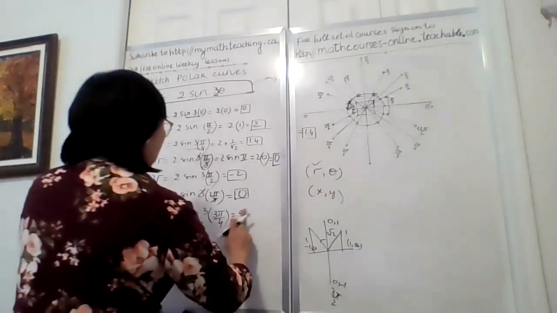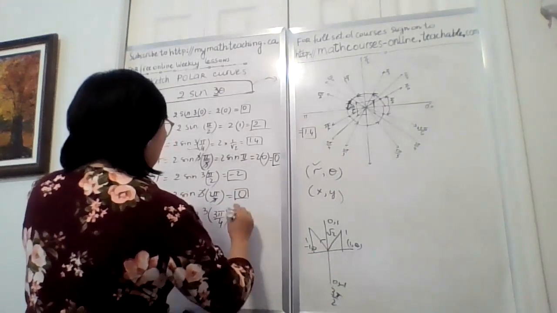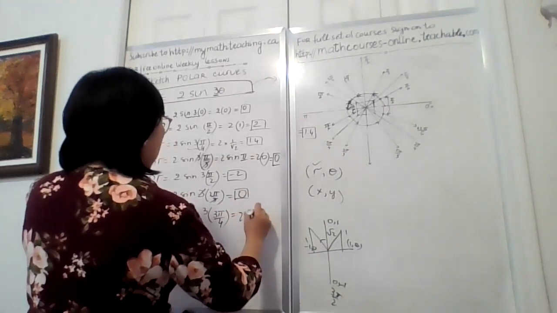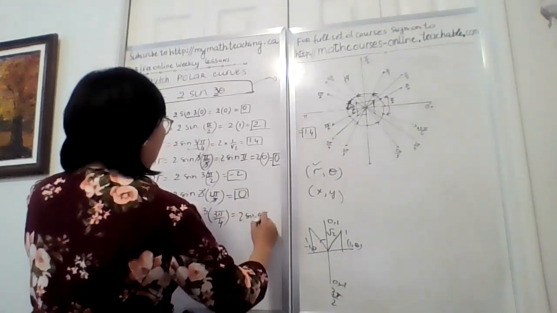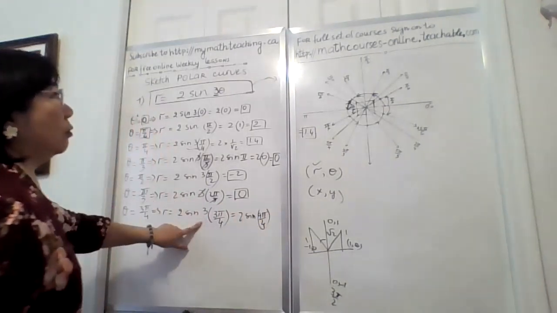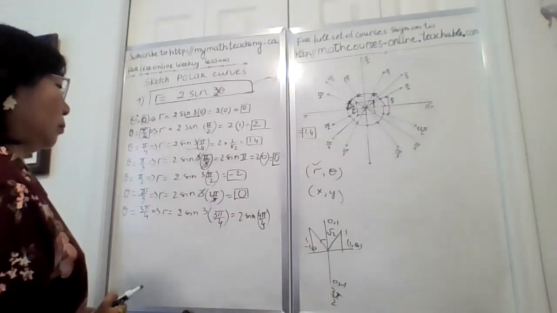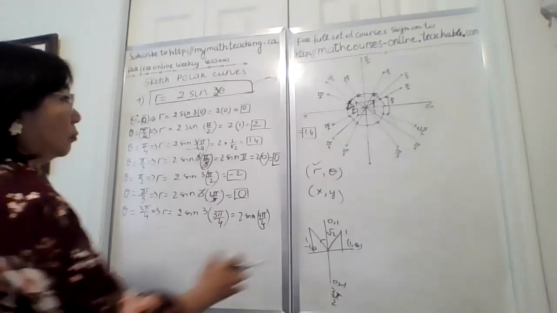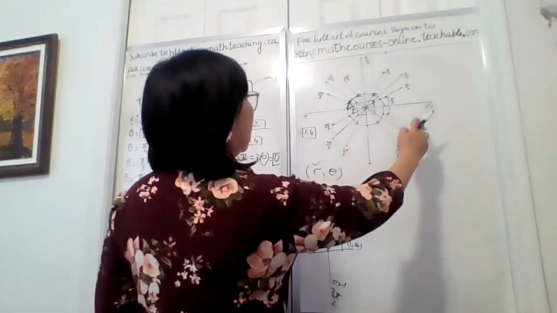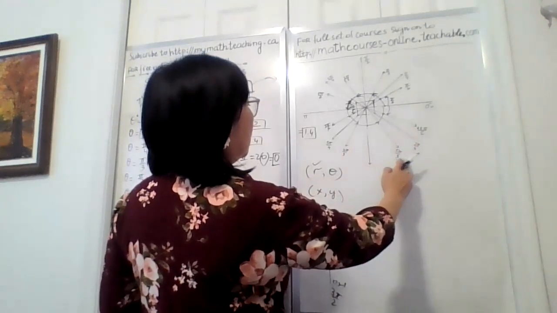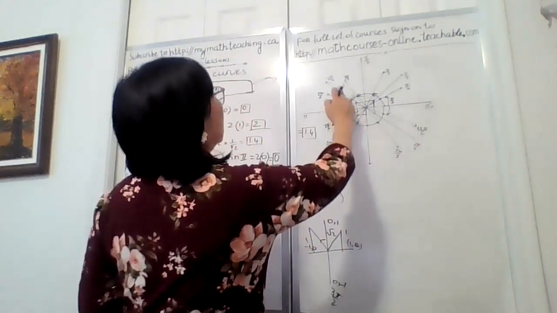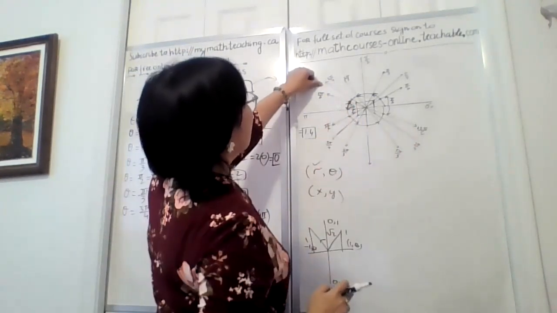Yeah, so it will be 2 times sine of 9 pi over 4. Now, 9 pi over 4. So we have 3 pi over 4 this way.